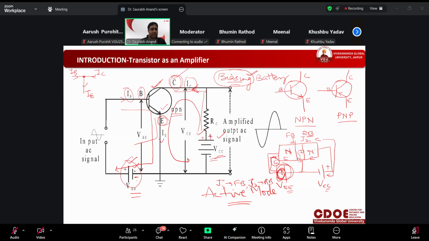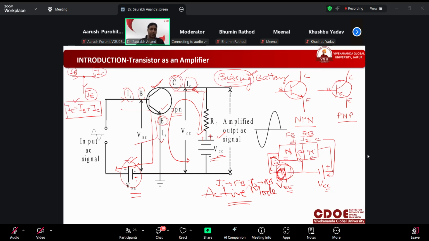IB and IC are incoming, so they will be added, and only one current is outgoing, that is IE. This is the same equation we studied in the transistor chapter: IE is equal to IB plus IC, right? So this is known as the transistor equation.